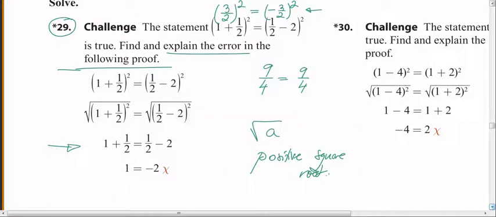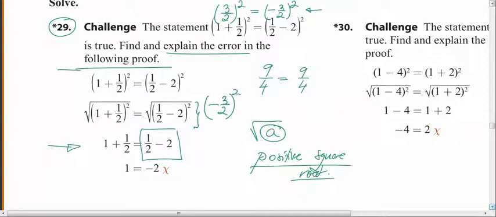That's by definition. You're looking for the principal square root of your number a, and that's why here we cannot use 1/2 minus 2 as the square root of 1/2 minus 2, everything squared. First you have to square it. You will come up with -3 halves, everything squared.